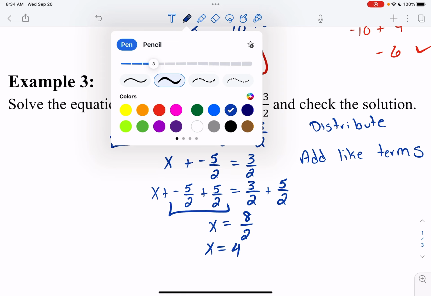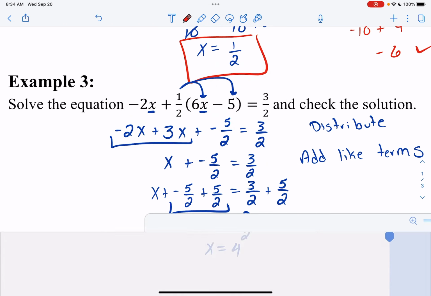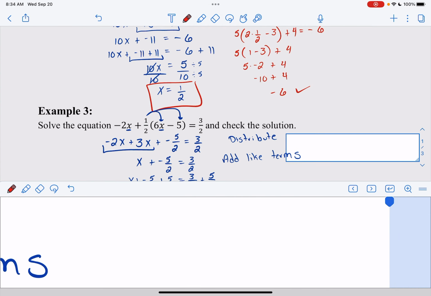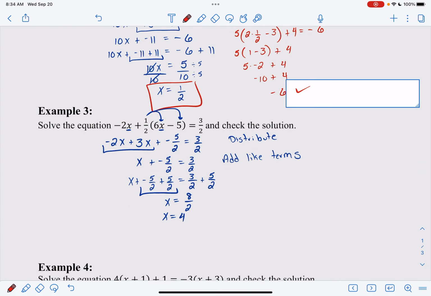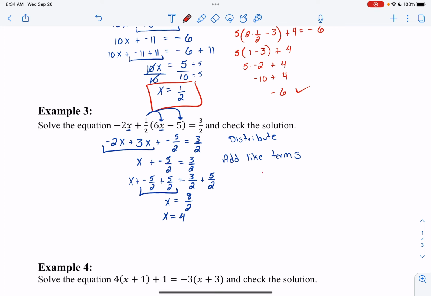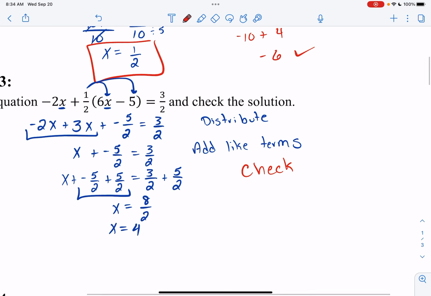Now we want to come in and check our work. Sorry if you saw that, I don't know what happened. So I need to put a 4 in for both of these x's, for this x and this x. So I would have -2 times 4 plus 1/2 times (6 times 4 minus 5).